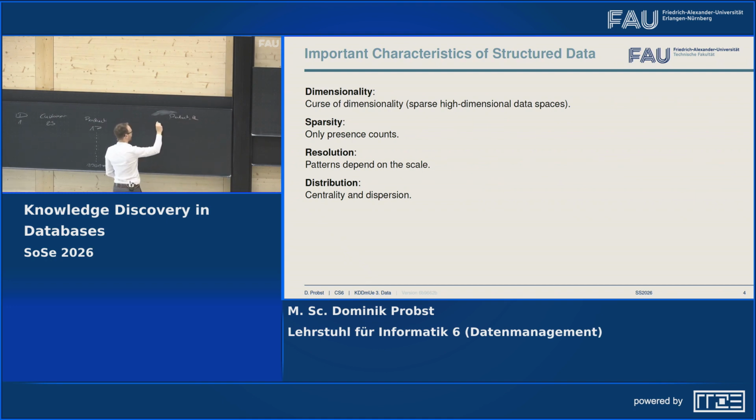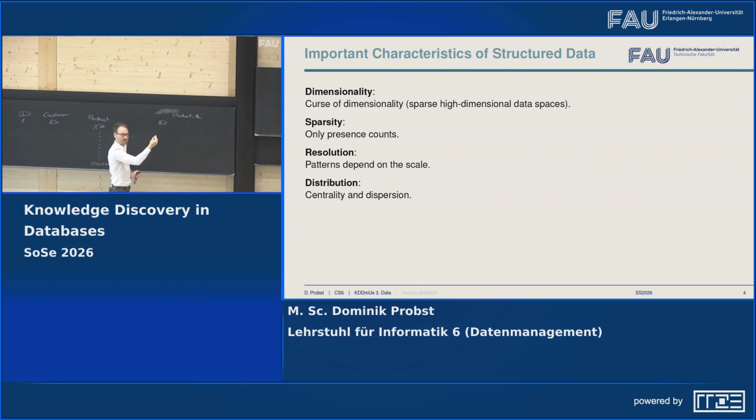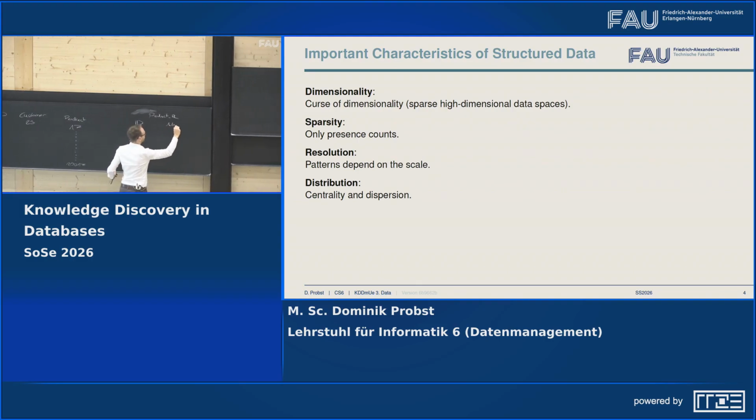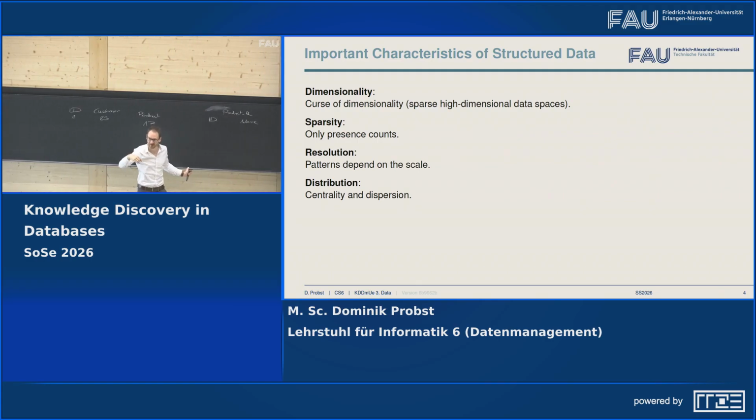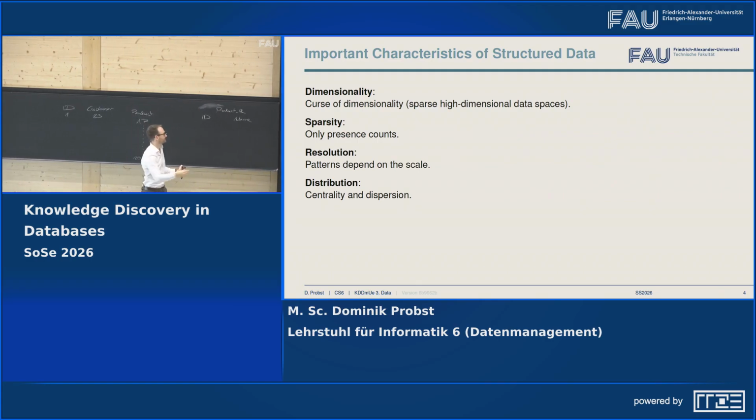and there we have again an ID for the product, and we have the name of the product, and probably we have some further information, for example, the size and the weight and things like that.